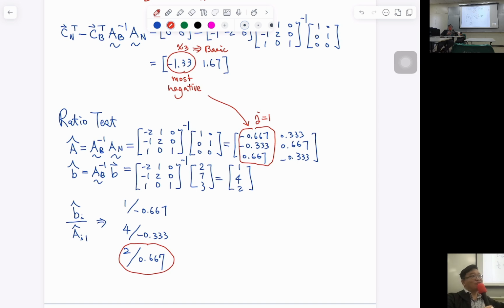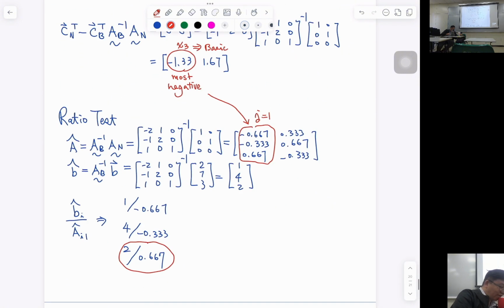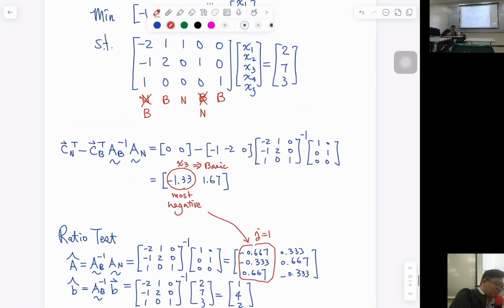This is the only positive one, right? And the last basic is x5. So positive, or basically the smallest positive. So it will become non-basic. That's it, and then next iteration.